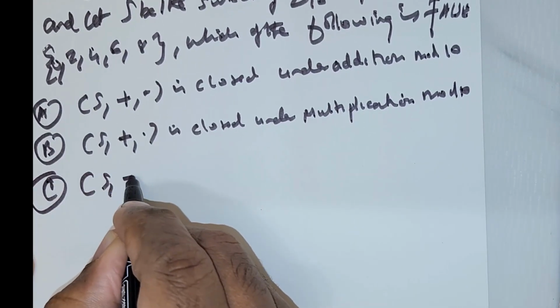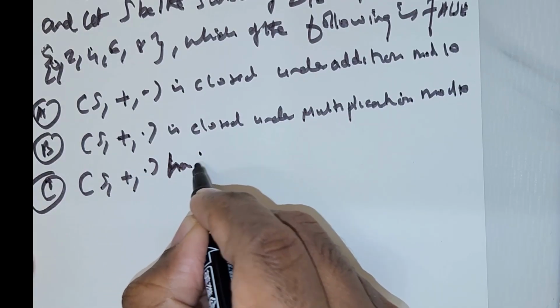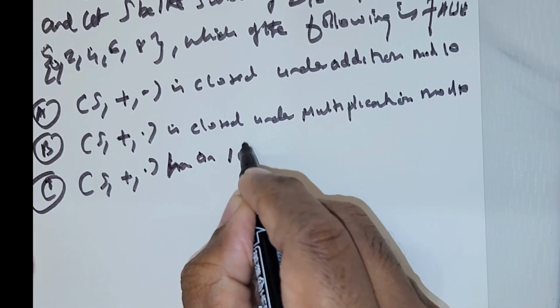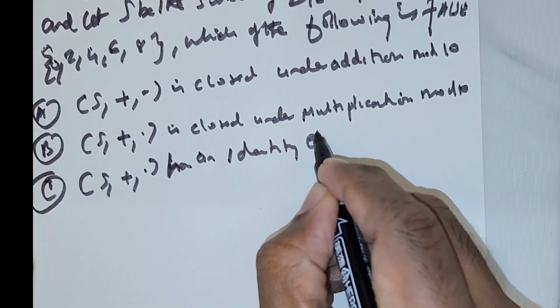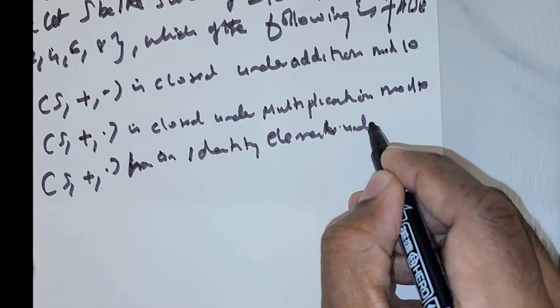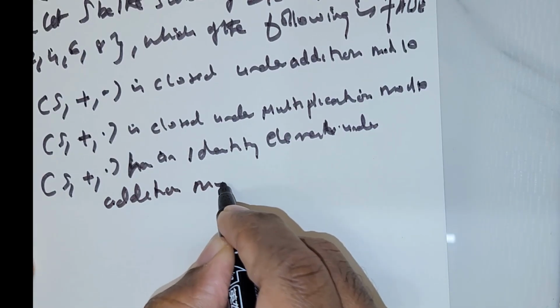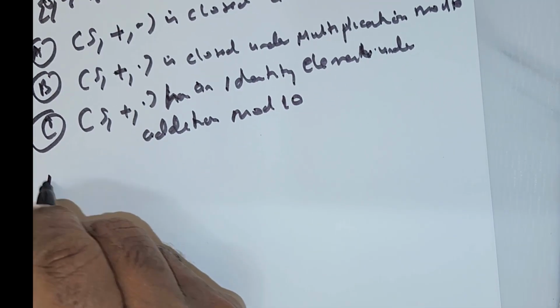C, S under addition and dot has an identity element under addition mod 10.